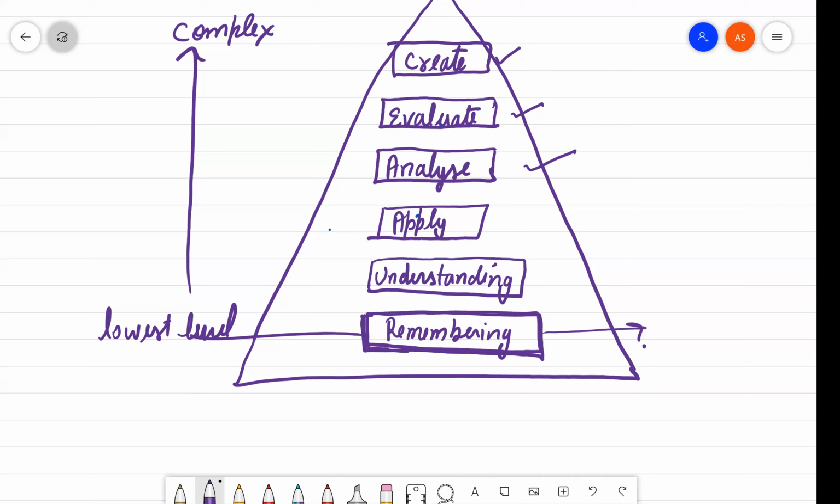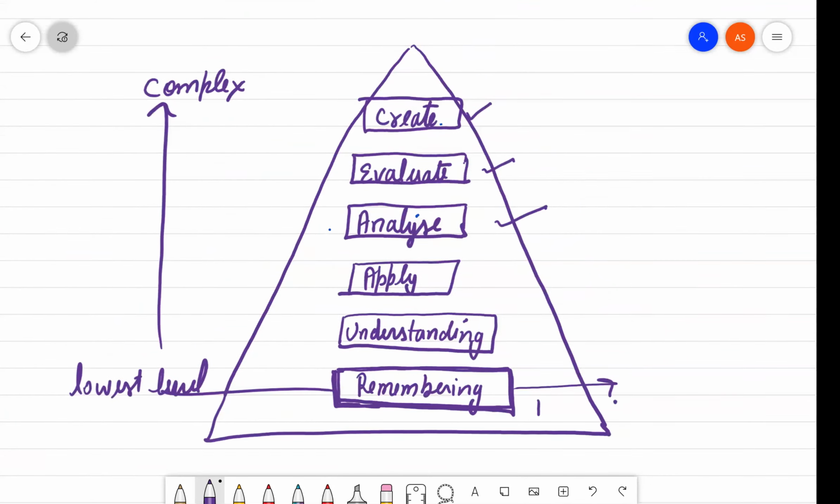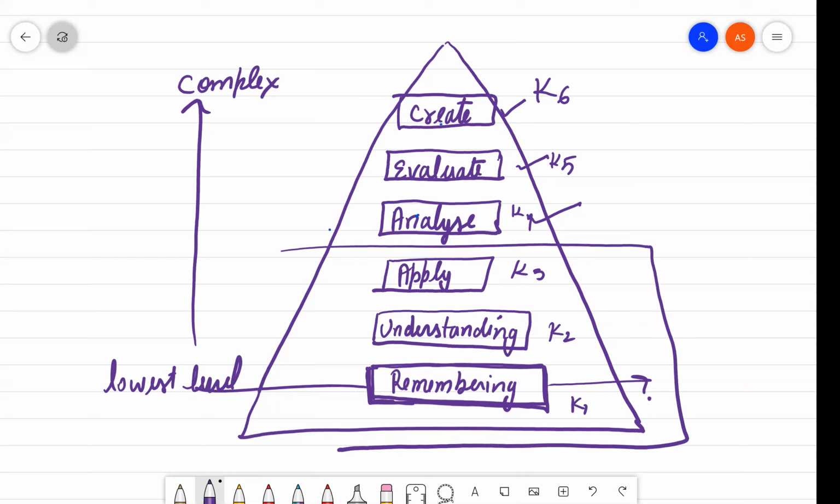So these are the levels in your syllabus. This level is K1, this is K2, and up to K6, with K3, K4 and K5 in between. Units 1, 2 and 3 include only these two levels, remembering and understanding.